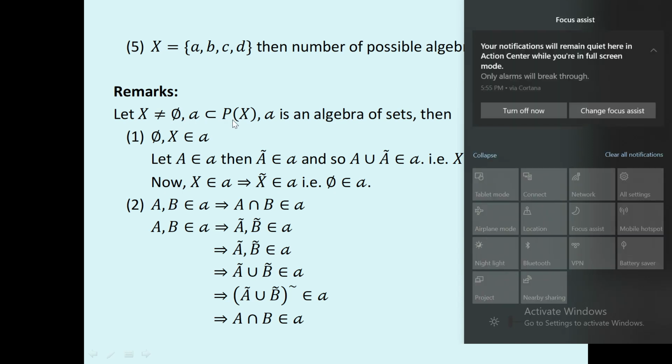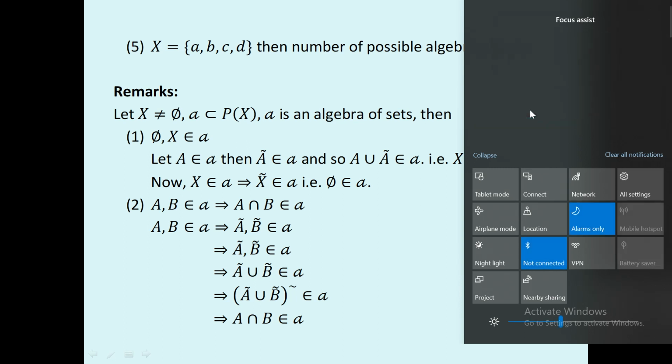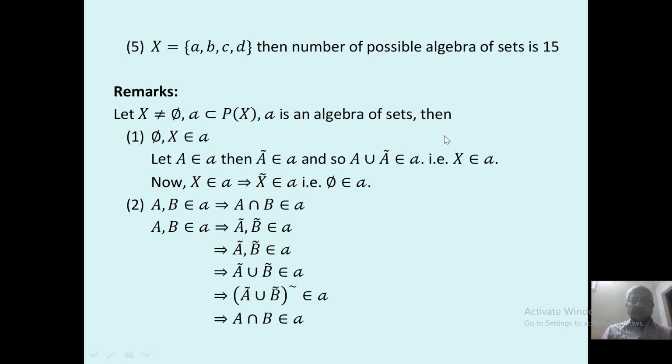Script A is a subset of the power set of X, and it is given that script A is already an algebra of sets, so it satisfies both conditions of an algebra of sets. Then we have to show that phi and X always belong to script A.